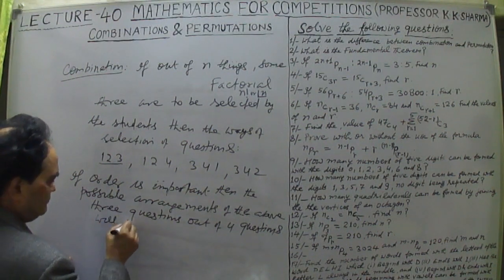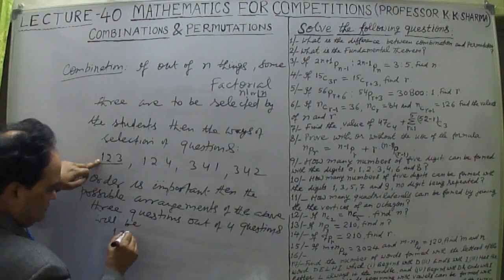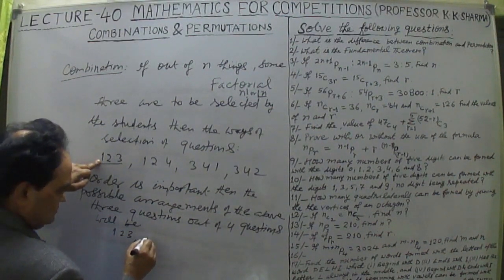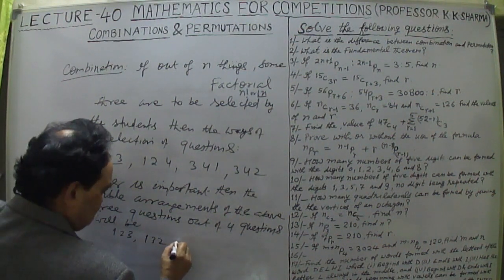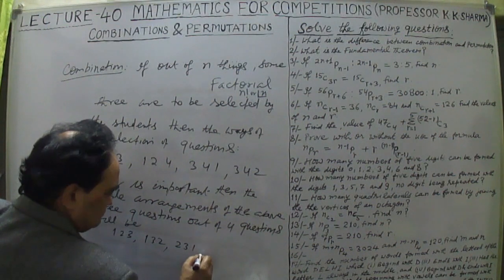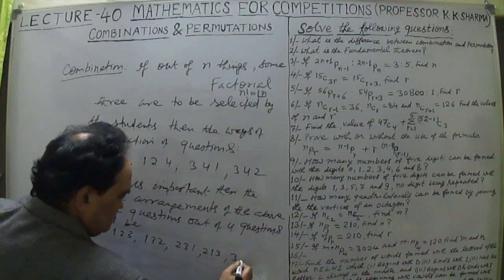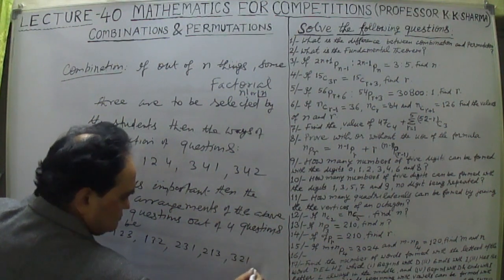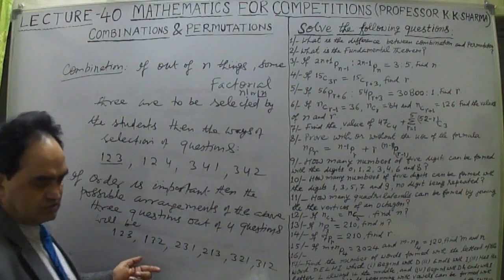Let me write here. Suppose this 1, 2, 3 is to be arranged, then 1, 2, 3, right? This is 1, 3, 2, two possibilities, then 2, 3, 1, 2, 1, 3, 3, 2, 1, 3, 1, 2. How many possibilities are there?